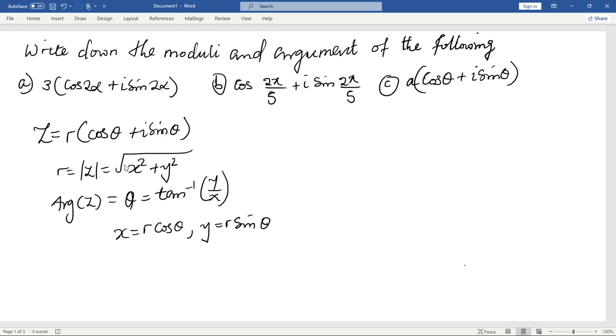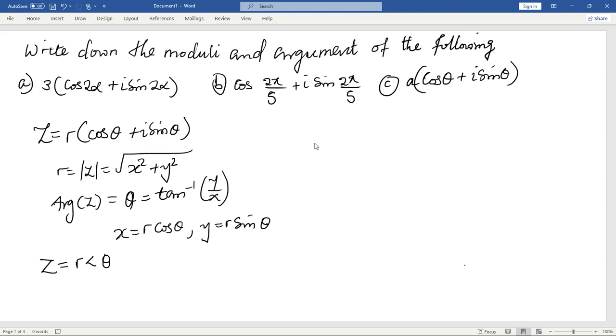Okay, so this complex number can still be written in its polar form, where we say r and we have our argument on this side. So let's compare it with the first question that we've been given.